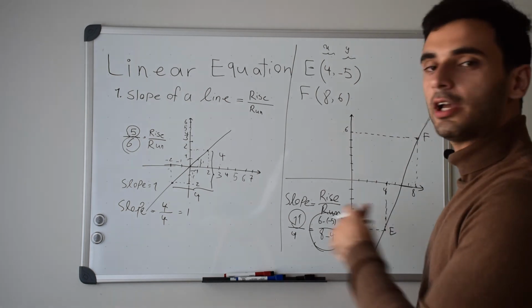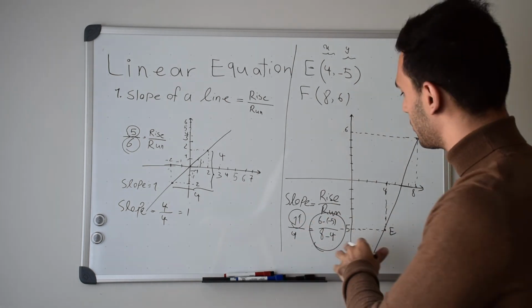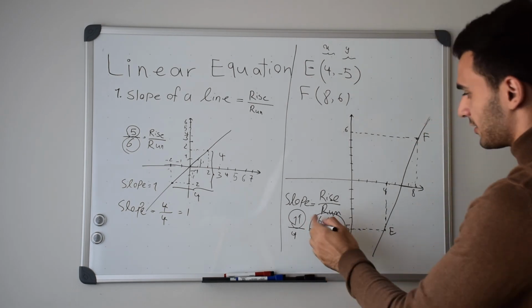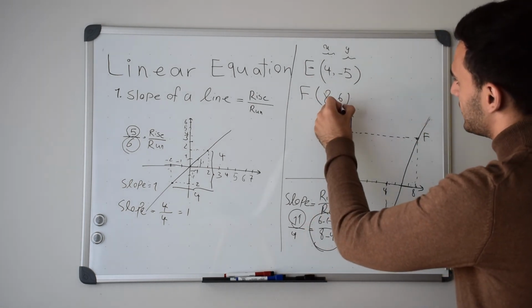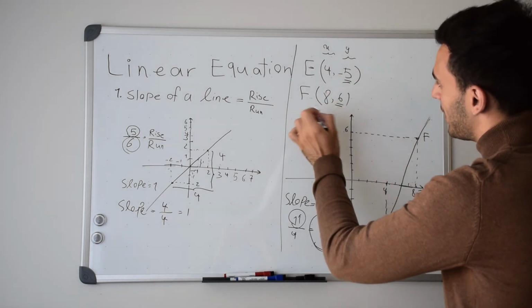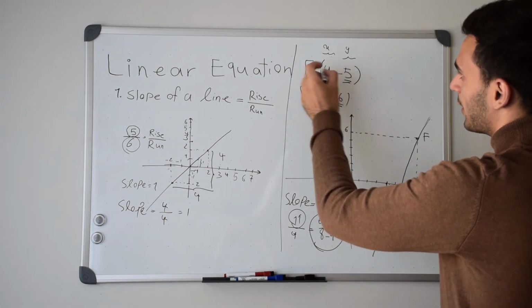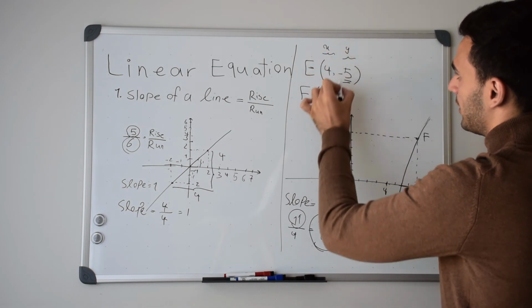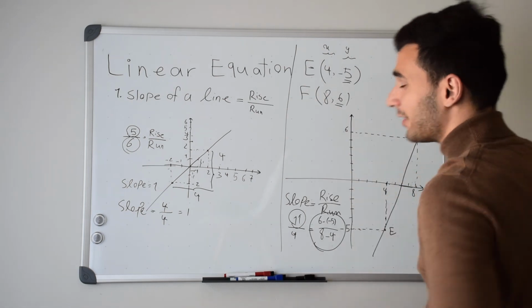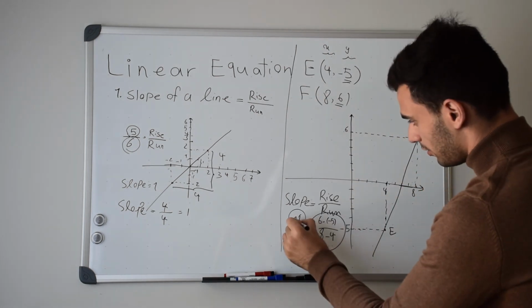Can we apply it for any kind of question that gives us 2 points? Yes. So what is it? 6 minus minus 5. So we basically subtracted the y coordinate of point E from the y coordinate of point F here.